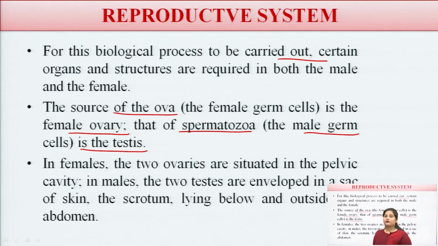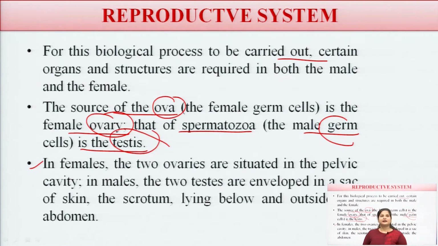The source of the sperm is the testis of the males. In the female, two ovaries are situated in the pelvic cavity, and in males the two testes are contained in a sac-like structure of skin, the scrotum, lying below and outside the abdomen. This is the location of the scrotum.